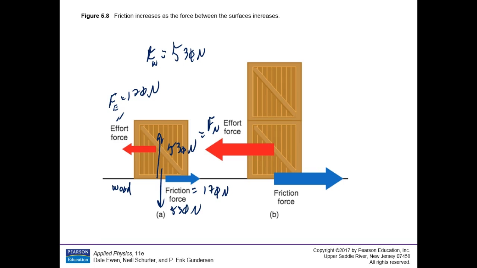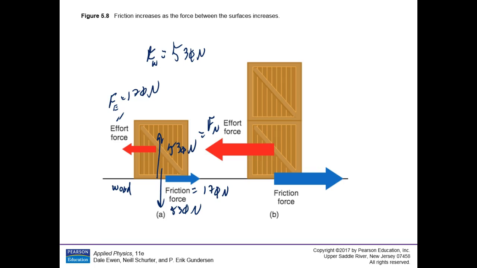Because unless you have it accelerating, then the effort force would be greater. But if it's just keeping it moving at the same speed, the friction force must be equal, because the net force is zero, because you're not changing its velocity.